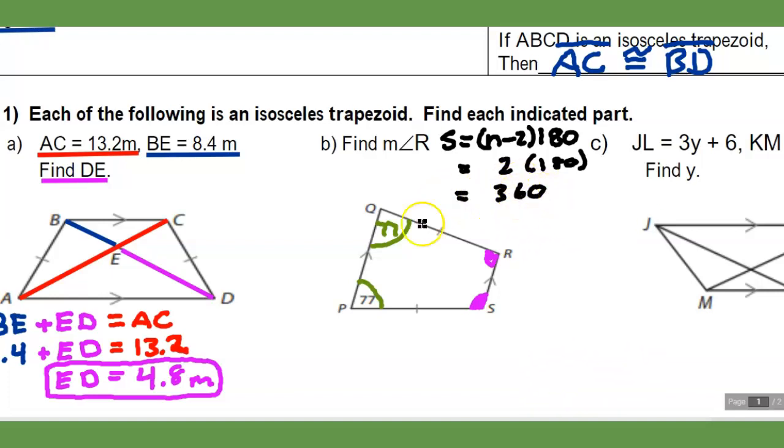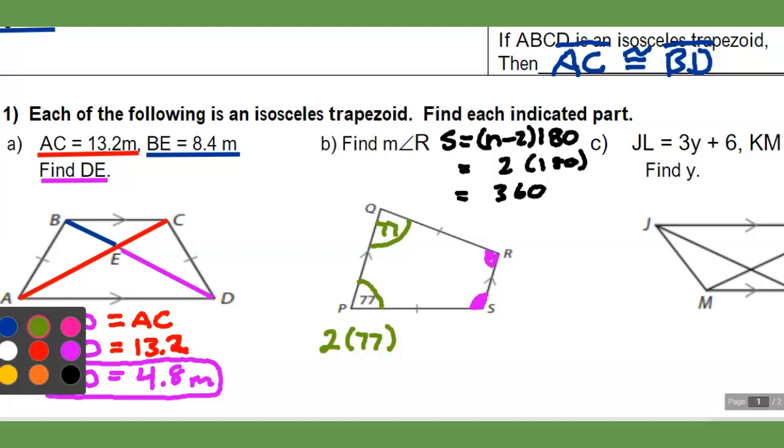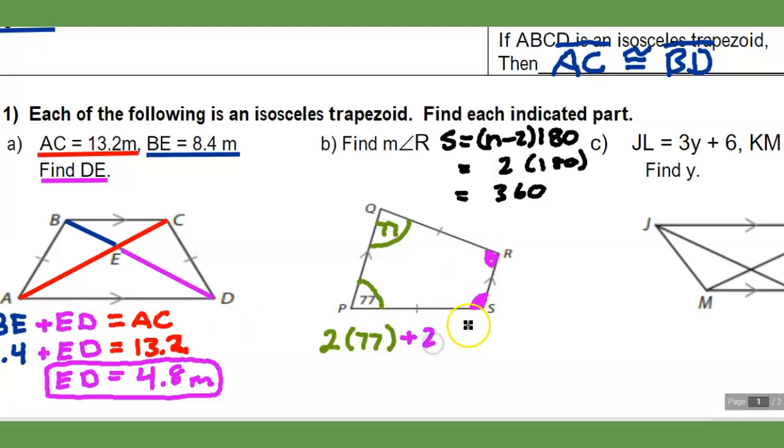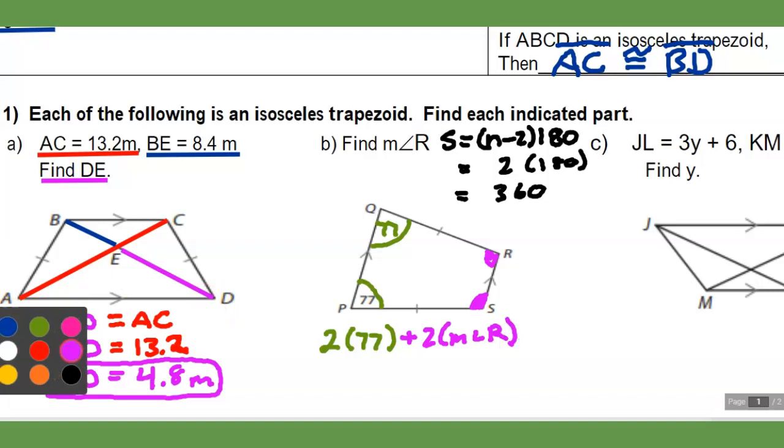So if you know that, we know that these two angles are 77 each, and these two angles, which are the same as the measure of angle R, what we're trying to find, are the same. And all four of them add up to 360 degrees.